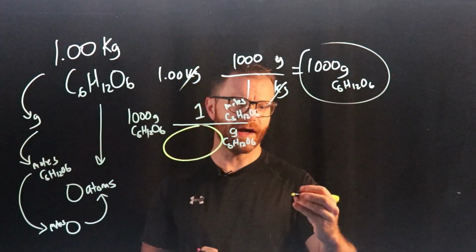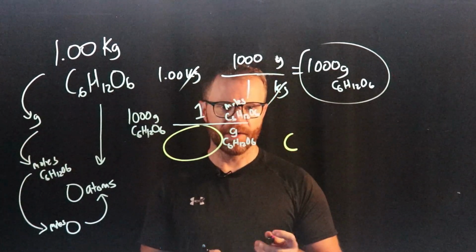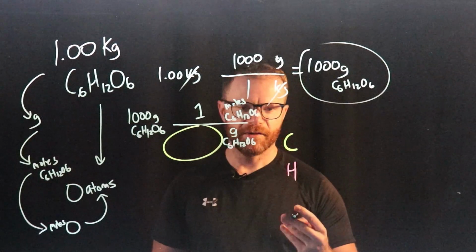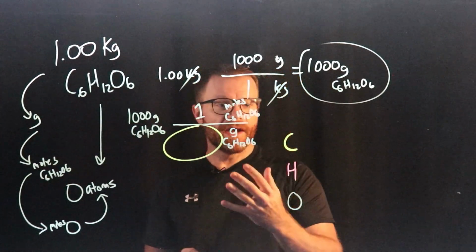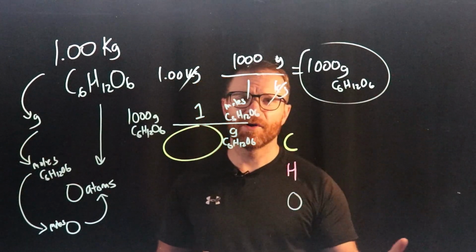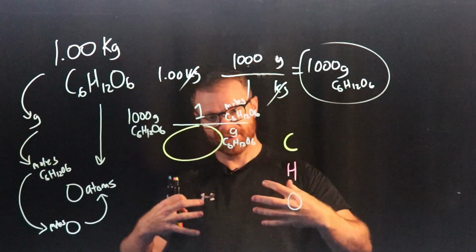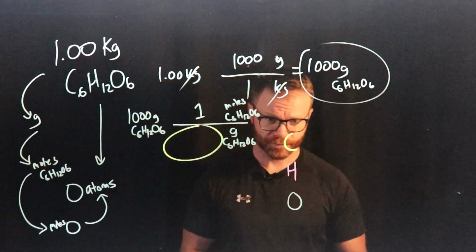So let's do that. We need to look up the molar mass of carbon. We need to look up the molar mass of hydrogen. We need to look up the molar mass of oxygen. We need to multiply them by the number of those that are in the molecule, and then we need to add them all together to get the overall molar mass of this big molecule that contains 6 carbons, 12 hydrogens, and 6 oxygens.